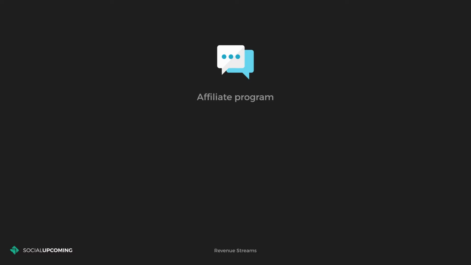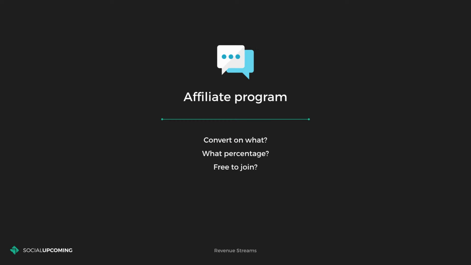The next one is affiliate program. And as I mentioned, an affiliate program is actually giving your visitor the opportunity to register as an affiliate and become a reseller of your own product. And by integrating this type of system into your business, you get 1, free marketing, and 2, increased sales and increased revenue.